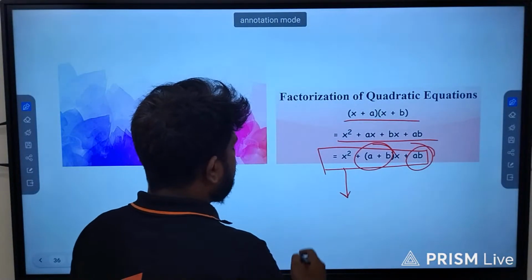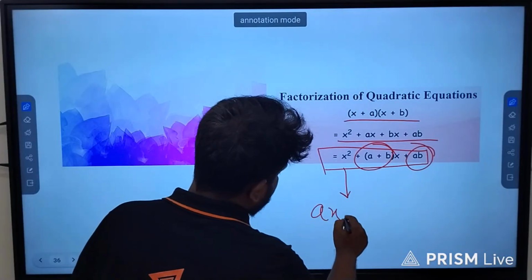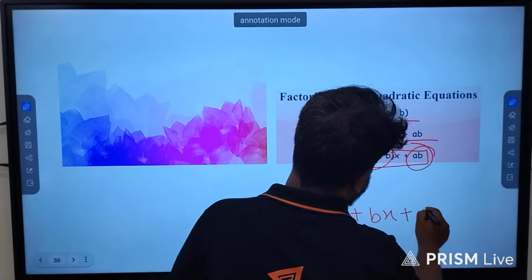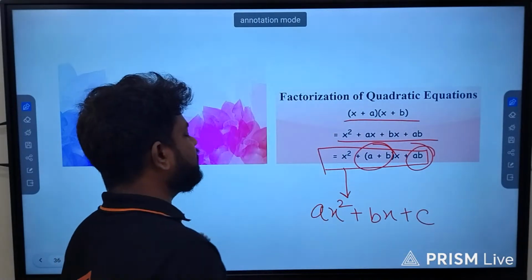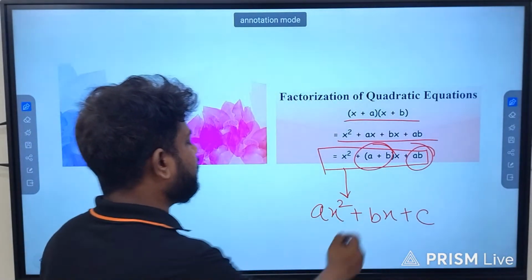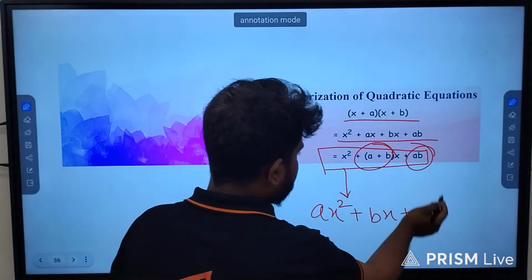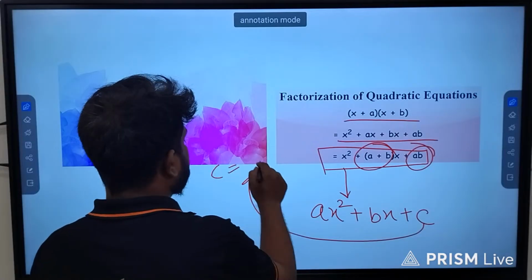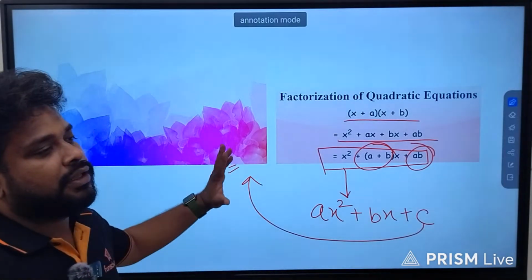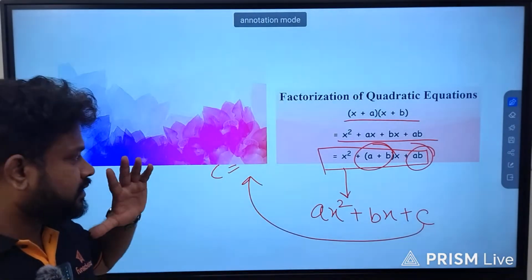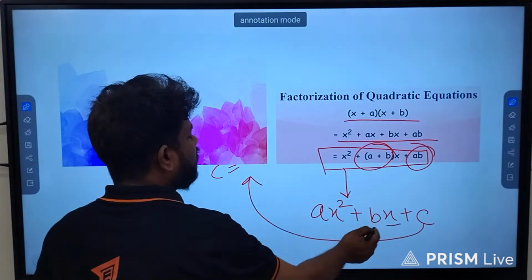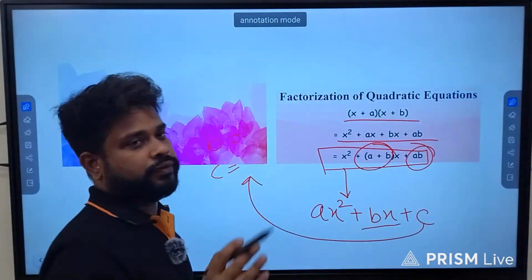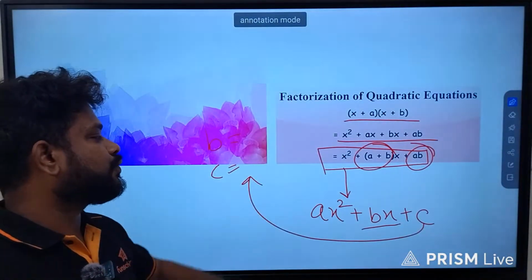If I write the general quadratic equation, a means this, b means this and c means this. So c is the product of the two given variables, b is the sum of the two variables, and x square is just the x square term.